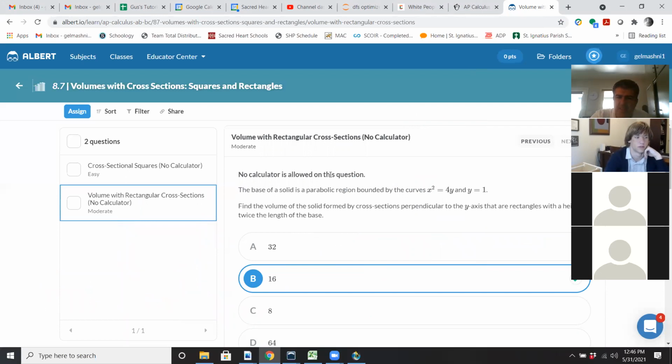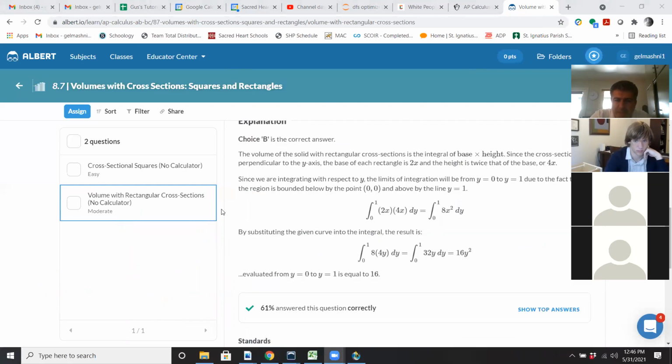Did you guys get 16? Yes. I got 4. Yeah, I got 4. I got 4 too. Yeah, I think they made an error, but the solution, it's hard to dispute it though. So hold on, try to understand. 2x, the base of each rectangle is 2x.